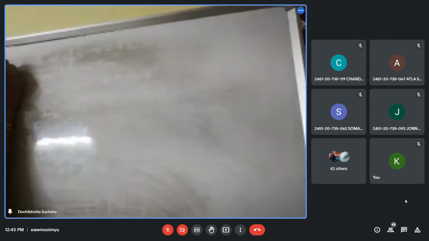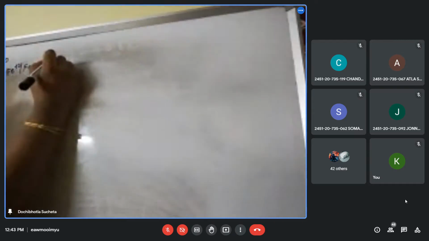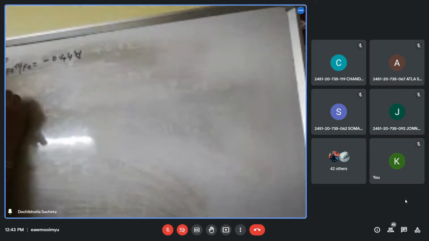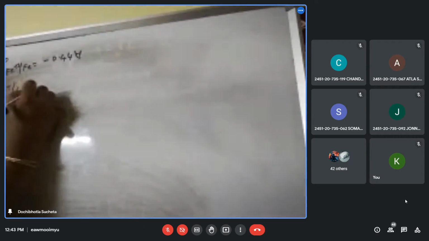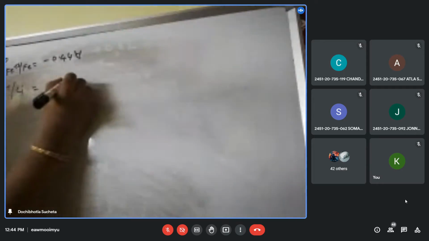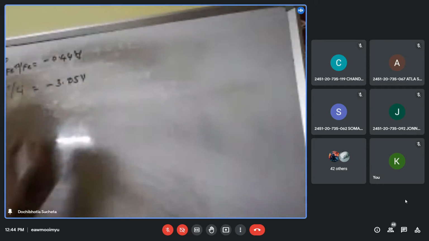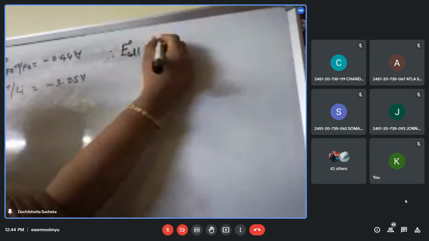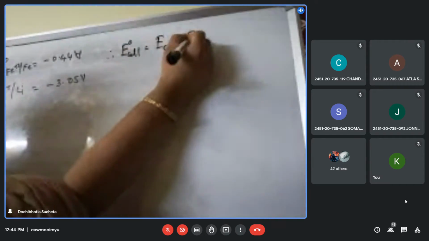So what is given? E naught Fe plus 2 slash Fe is equal to minus 0.44 volts, and E naught of Li plus slash Li is equal to minus 3.05 volts. Therefore, E naught cell is equal to E cathode minus E anode.